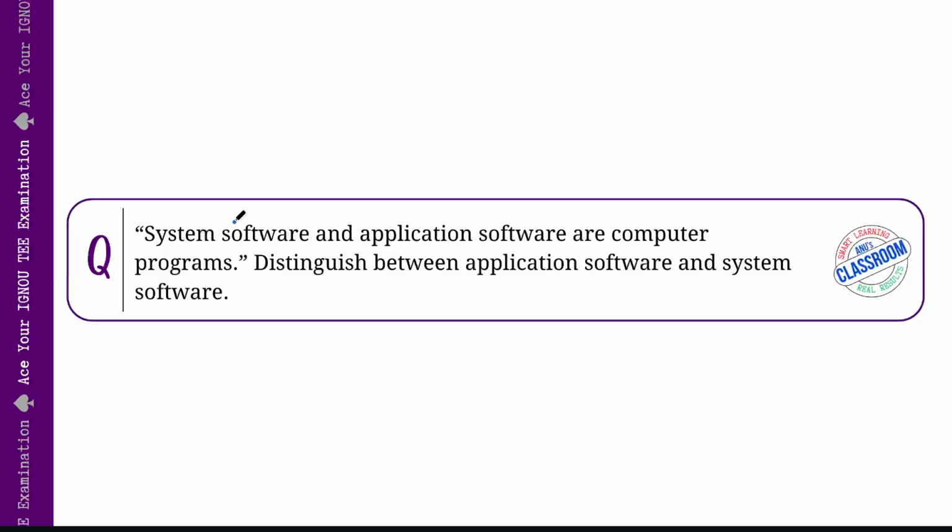System software examples: macOS Catalina, Windows, Linux. These are all system software. Whichever operating system your computer is running on, that is system software.